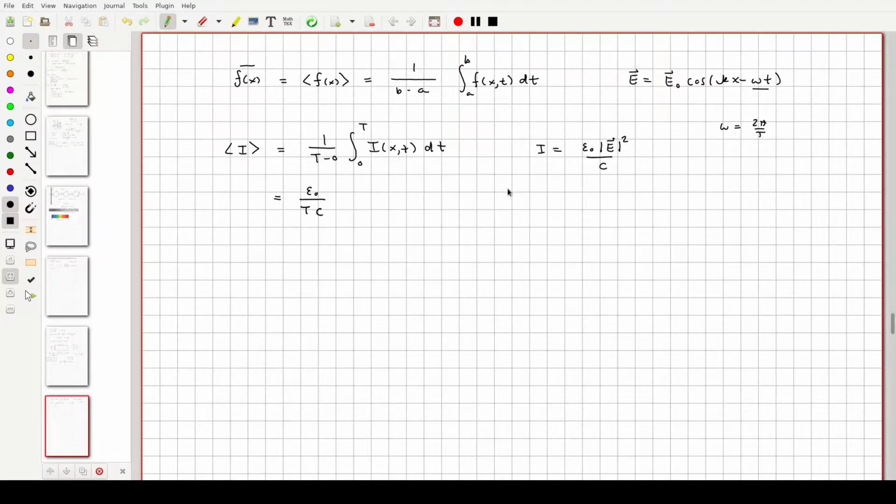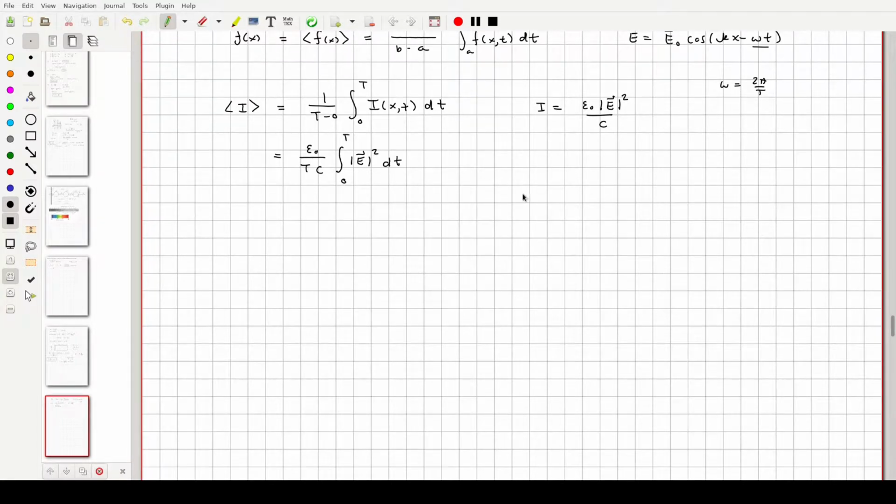times c. Okay? And now I'm integrating my electric field, which is a function of position and time, potentially, from 0 to 1 period over time to get rid of the time part. Now let's talk about the electric field.